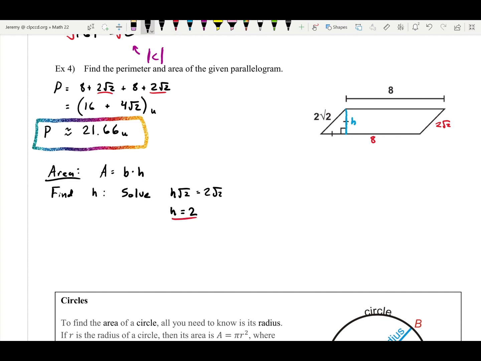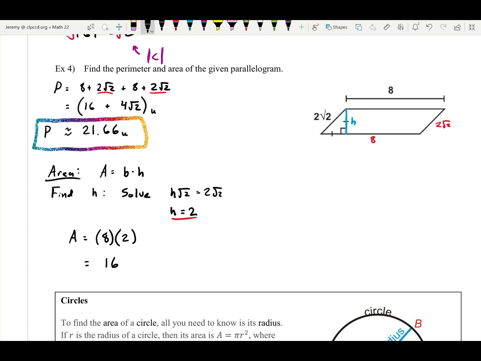All right, and my base is 8, so I can find the area now. A is equal to 8 times the height, which I found is 2. So I'm getting 16, and this is an area, so my units will be squared.